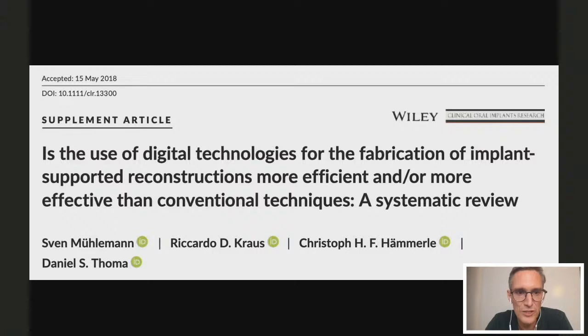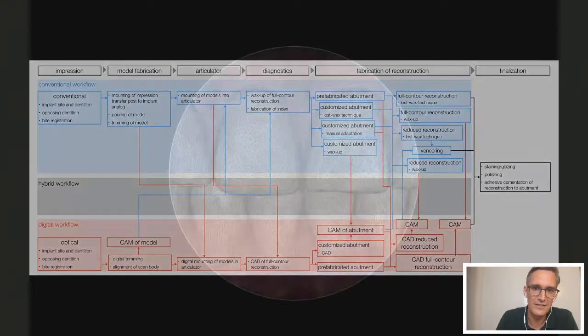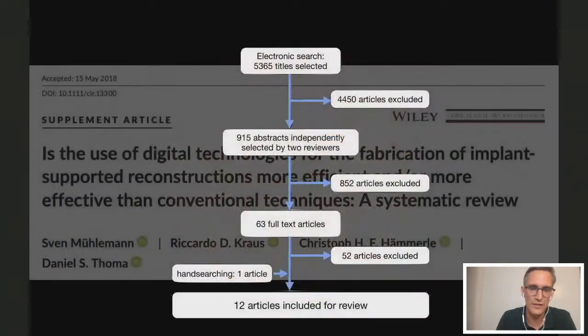And the question was, are we really more efficient or more effective when we are using digital technologies? And we searched the literature. I should focus on the intraoral scanning part, because that's the part that is executed by the dentist.